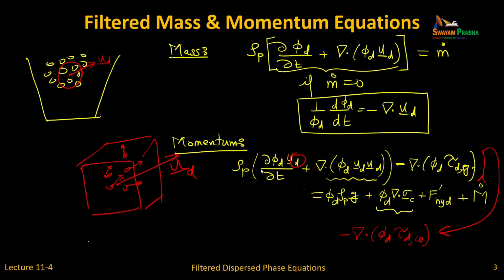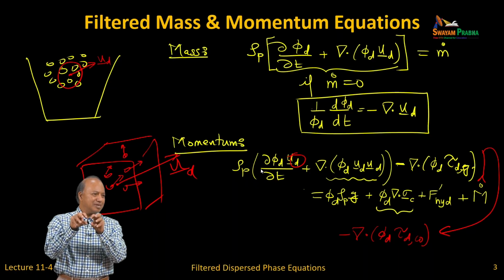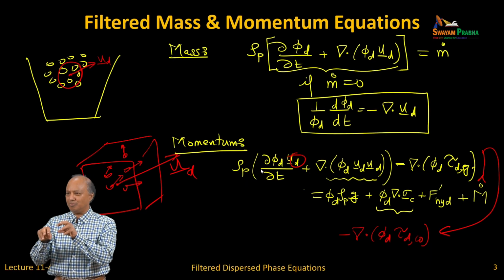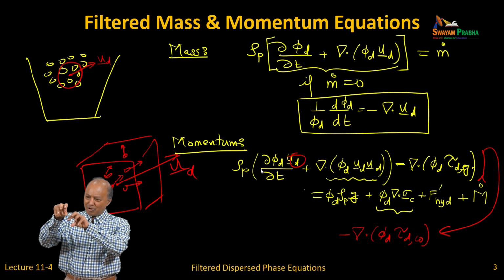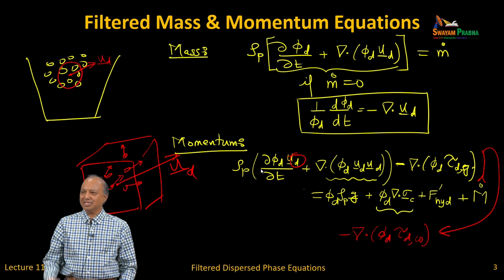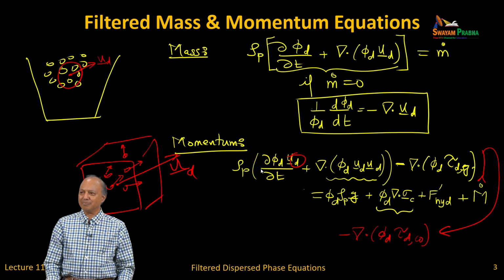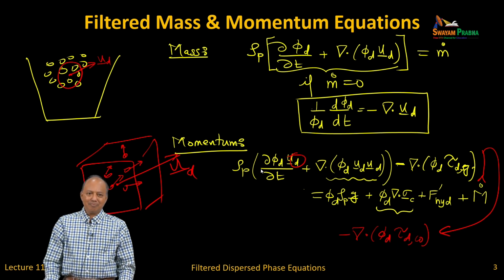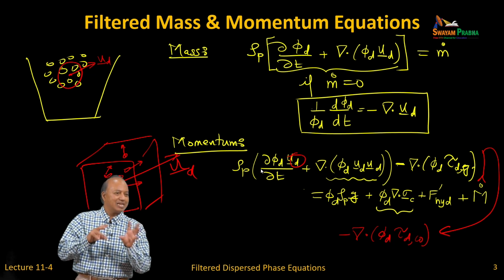The other one is close interaction between particles. You could call it pseudo turbulence. In other words, when one particle gets close to it, its velocity has to be different. This is what I was talking about sometime in the morning as particle-particle interaction. That may cause particles to move slightly differently.